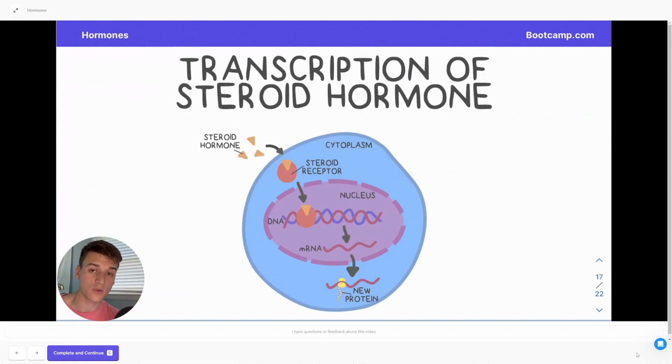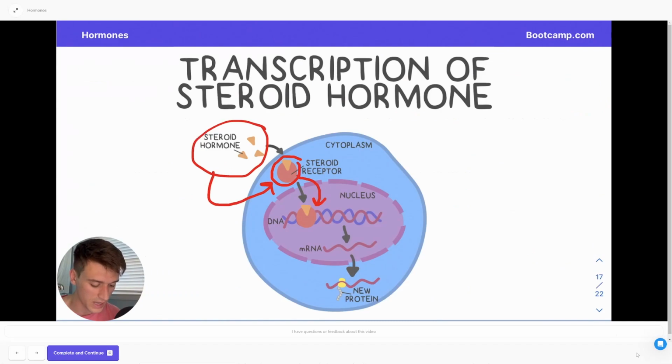So here we have another wonderful visual example that we can work off of. We have our steroid hormones in the extracellular environment. Because they are lipophilic, not lipophobic, because we're using cholesterols to make these hormones, we can just go right on through the cell membrane. Once we are in the intracellular environment, our hormones are going to associate with a receptor molecule, creating this steroid receptor complex, and this complex will bind to DNA and affect its transcription.